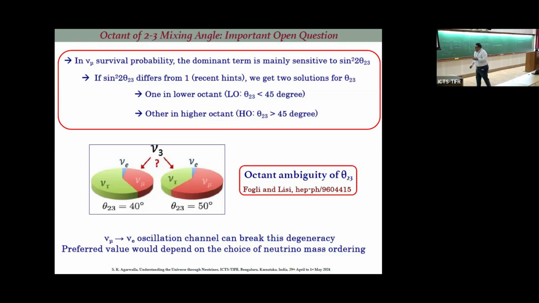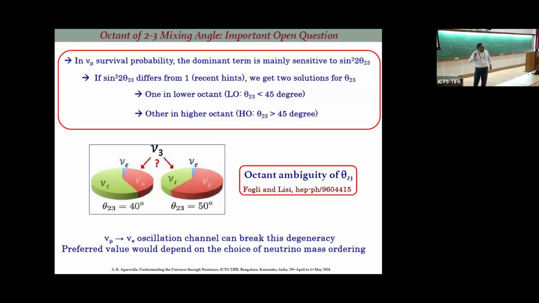So I want to highlight, when I say theta 2,3 octant, what is the physical meaning? I mostly ask this in interviews, but I hardly get the answer. So here is the answer. If theta 2,3 is below 45, the question you are asking, again, is how much nu mu and nu tau is there in this nu 3 component.